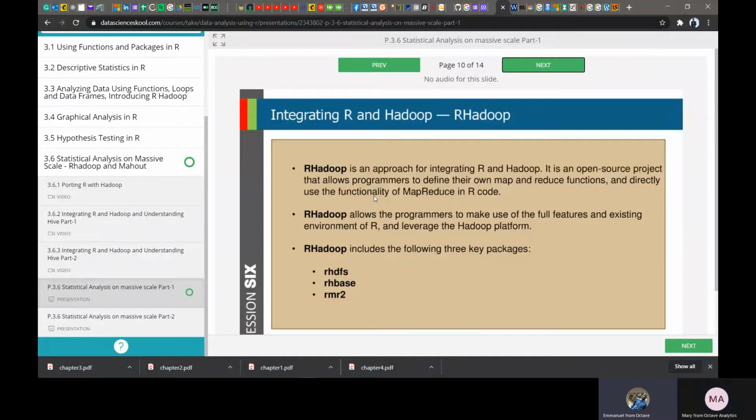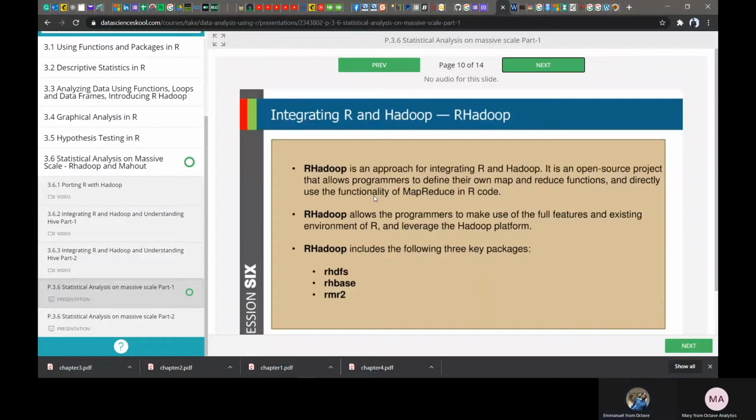So instead of writing Java programs in MapReduce, you can write your own map and reduce as functions in R, then run it on Hadoop. R allows programmers to make use of the full features of the existing R environment and leverage the Hadoop platform. So if you're very good in R, you just have to leverage Hadoop too, instead of having to write MapReduce programs in Java.